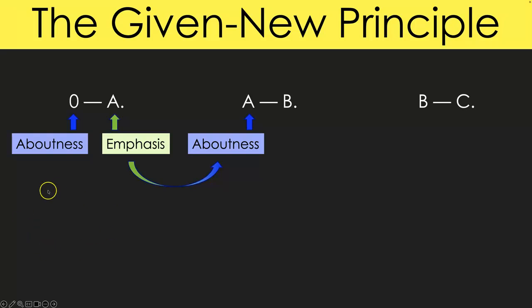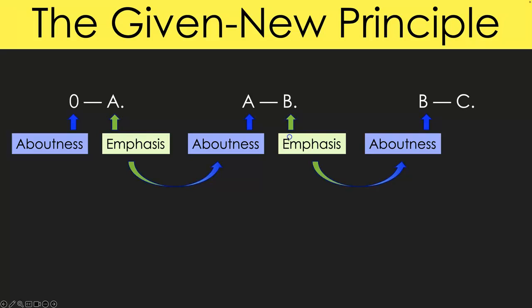So in our next sentence, we usually will start that sentence the way the previous sentence ended, so that they flow together. The emphasis becomes the about, and then this emphasis will then become this about, and this emphasis will become this about. So this is just one way of structuring the flow of your sentences, so that they flow cohesively, uniformly from one idea into the next.